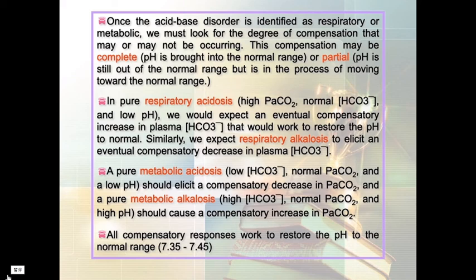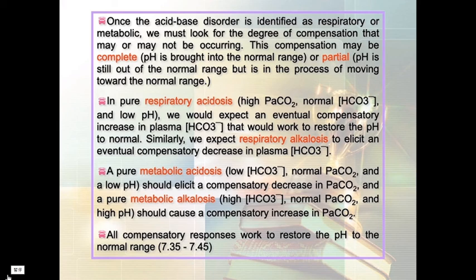And a pure metabolic acidosis with low bicarbonate ion, normal partial pressure of carbon dioxide, and a low pH level should elicit the compensatory decrease in partial pressure of carbon dioxide.